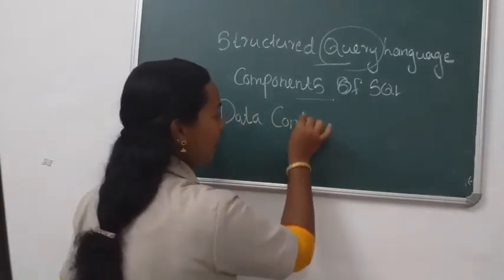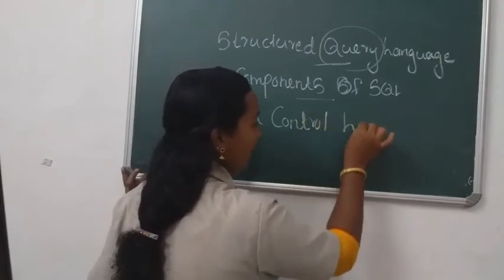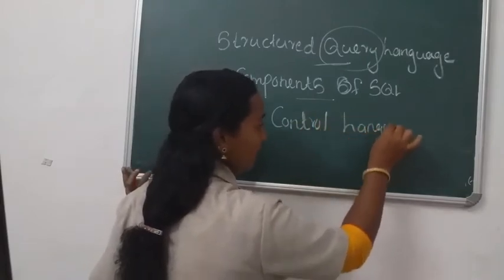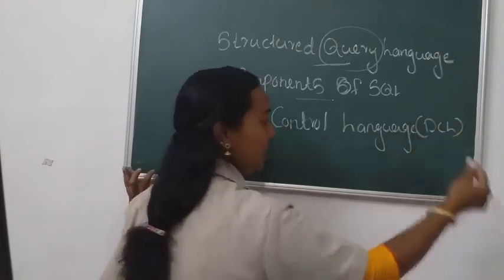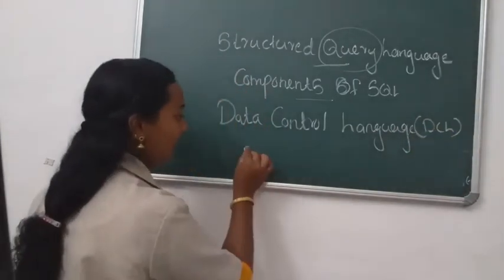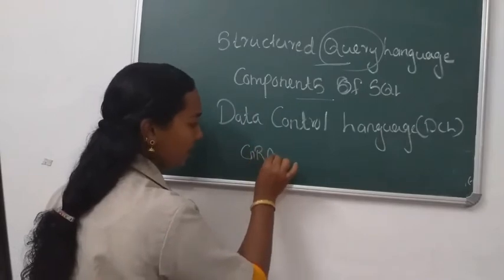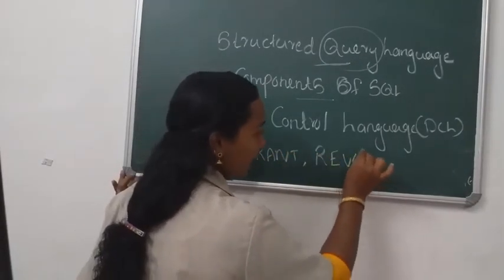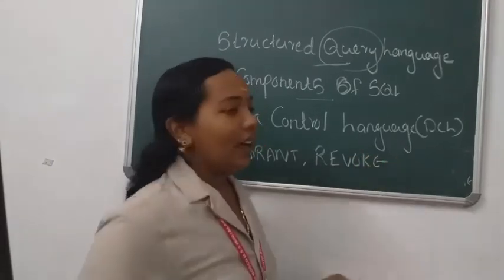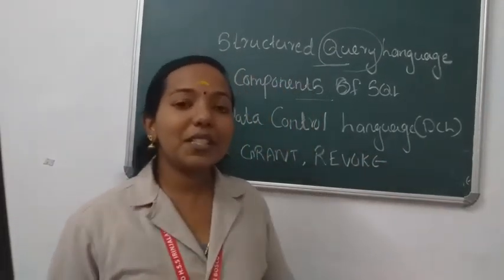Data control language or DCL. DCL examples are grant and revoke. Control language means it specifies the control.